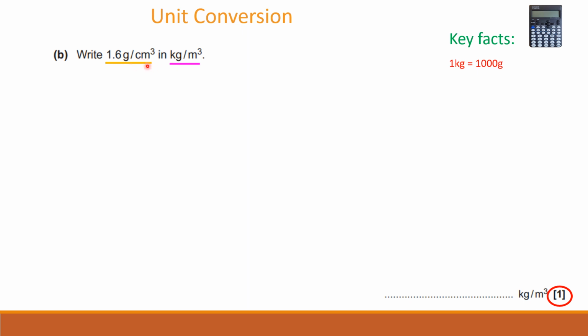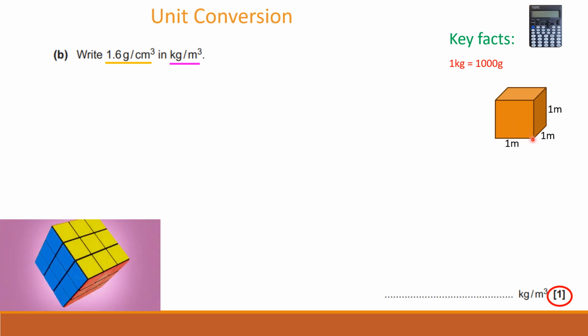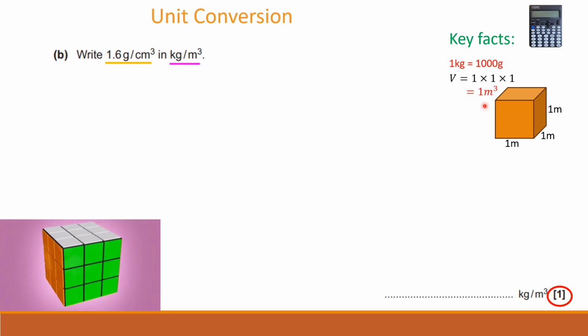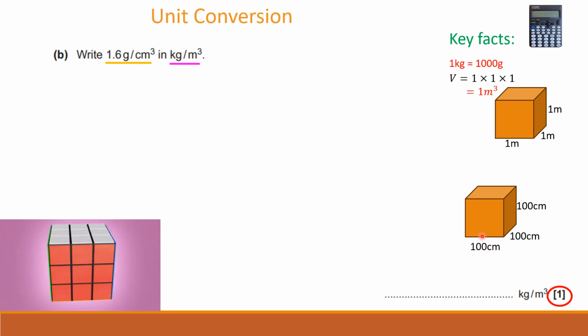We also need to know the conversion between centimetre cubed and metres cubed. Now if I draw out a cube which is 1 metre by 1 metre by 1 metre, the volume of this cube is the same as doing 1 times 1 times 1, which is 1 metre cubed. Now if I have the same cube where this distance along the bottom is 1 metre, and now the new distance in centimetres is 100 centimetres.